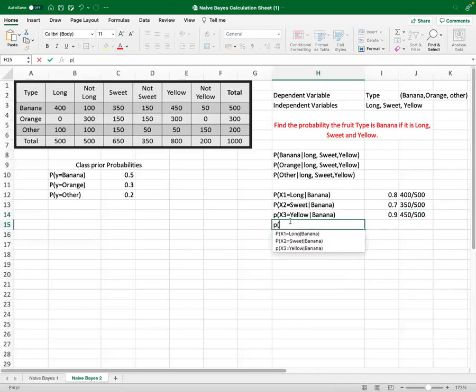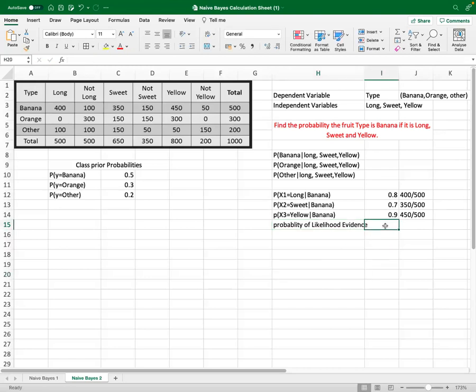Now the likelihood of evidence is the multiplication of these three: 0.8 into 0.7 into 0.9, which is 0.504. The prior probability of y is equal to banana, we have already calculated, which is 0.5.